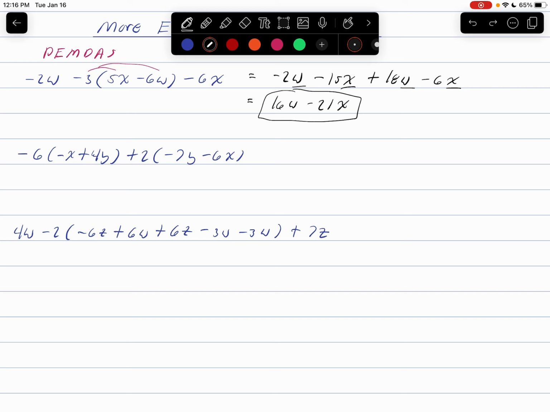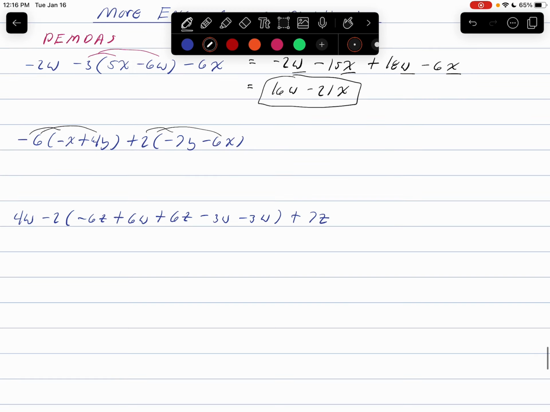And here we're going to distribute this negative 6, and we're going to distribute this 2 as well, to each of these expressions. Okay, so if we distribute the negative 6 to the negative x, we have negative 6 times negative 1x. That's going to give us positive 6x. So we have negative 6 times 4y. That's going to give us minus 24y.